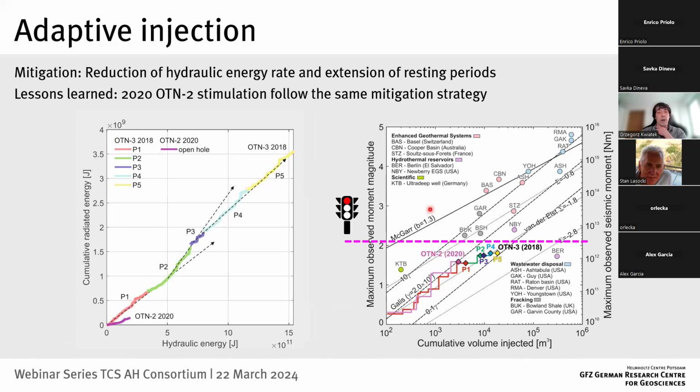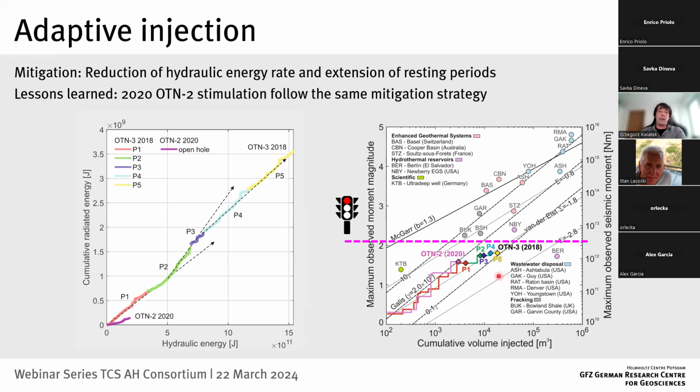That was actually done in two steps. In the first step, the team decided to decrease the wellhead pressure to values below 90 megapascal. That was not, as far as I remember, very successful. So in the following, the injection plan was changed.